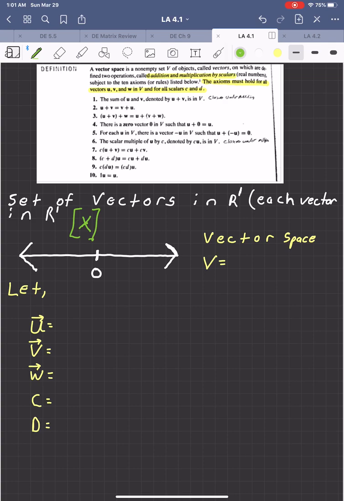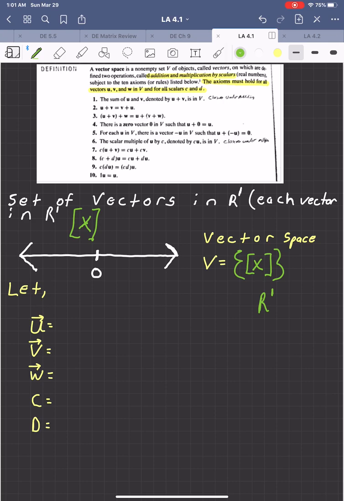So what would the vector space R1 look like? Well, it would be the set of vectors. Okay? And now if you wanted to show that R1, the one-dimensional space, does meet all 10 axioms, you would begin by what I have off to the left here.